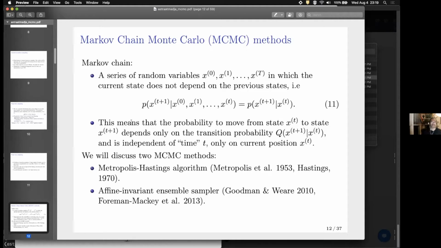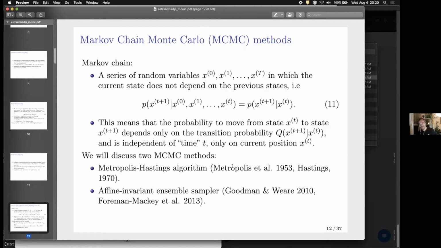So that means the probability to move from the current state to the next state only depends on the transition probability, the probability to move from one state to the next. And it has to be independent of time, because we have to imagine this as a sequence. Yeah, I hope that explains what a Markov chain is.